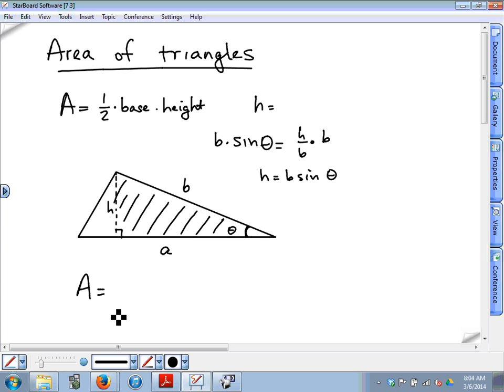The area in terms of a trigonometric ratio is 1/2 times the base, normally times the height, but what is the height in regards to this triangle right here? B sine theta. And in this triangle that I have drawn, what is the base? A. So area is equal to 1/2 A B sine theta.